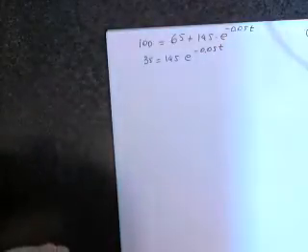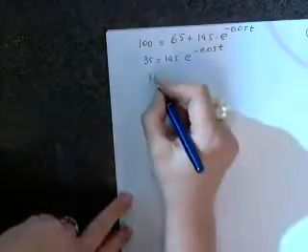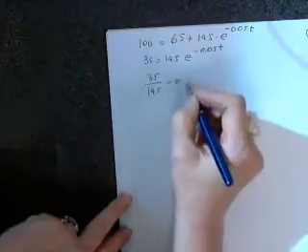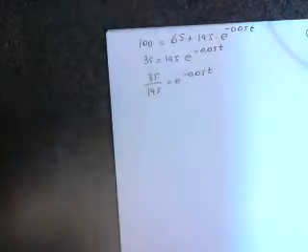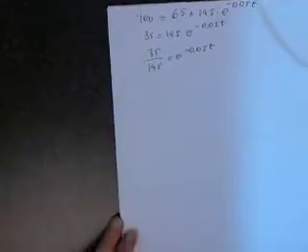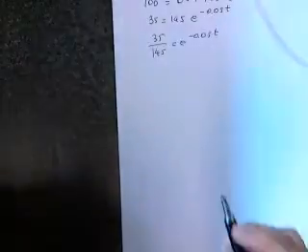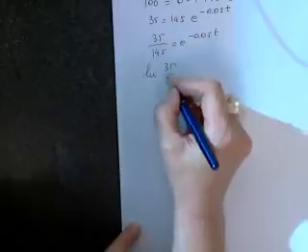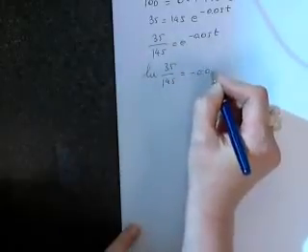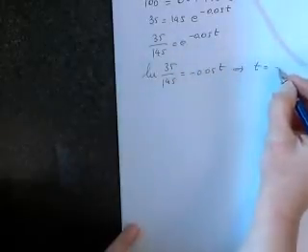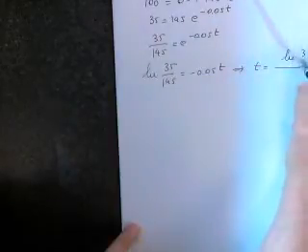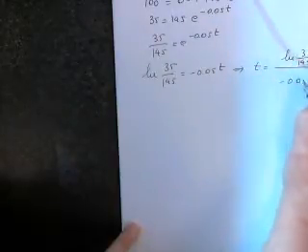Then, I get 35 over 145 equals e to the negative 0.05 t. Don't bother with that fraction, there's no need. Now we apply natural log and divide both sides by negative 0.05.